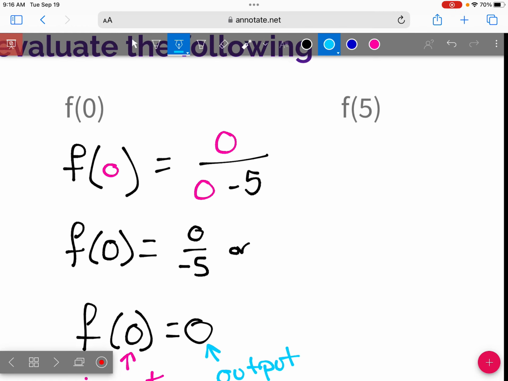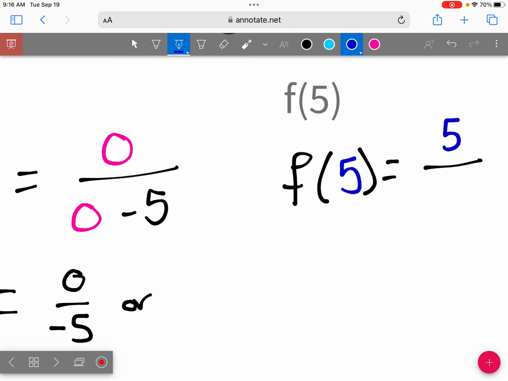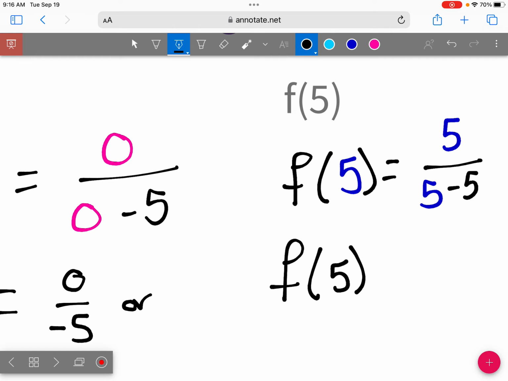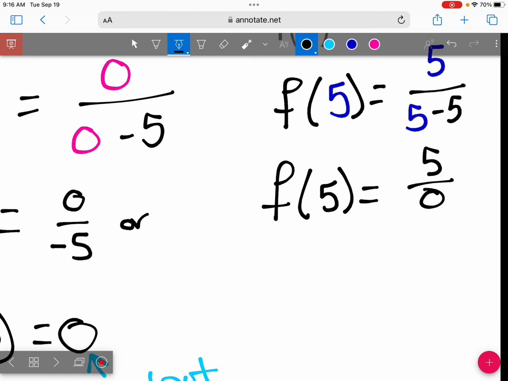What about for f of 5? We're going to put our 5 in place of the x, and 5 in place of the x on the bottom. Uh-oh. We get a 0 in the denominator. 5 over 0, what does that simplify down to?